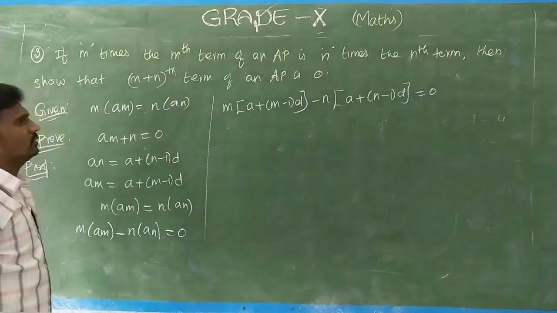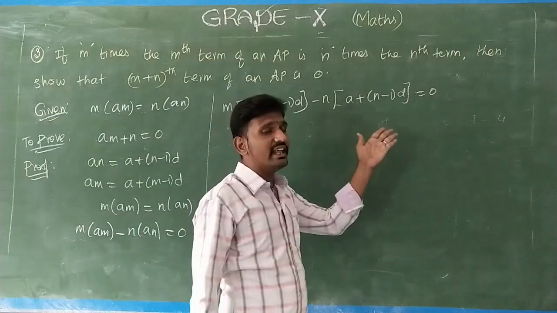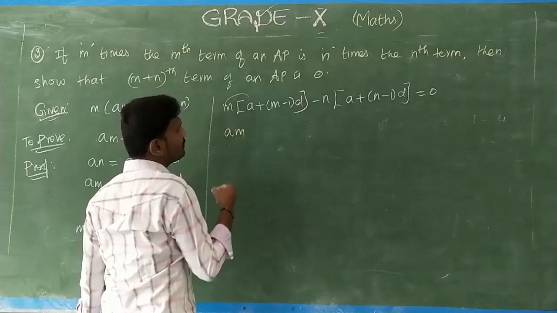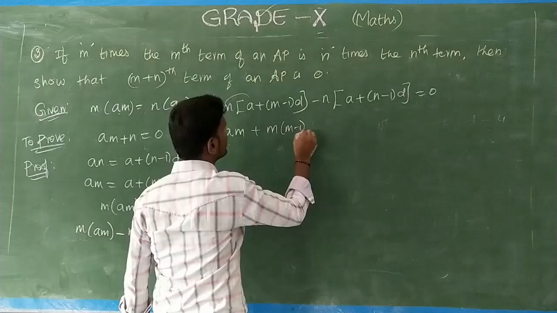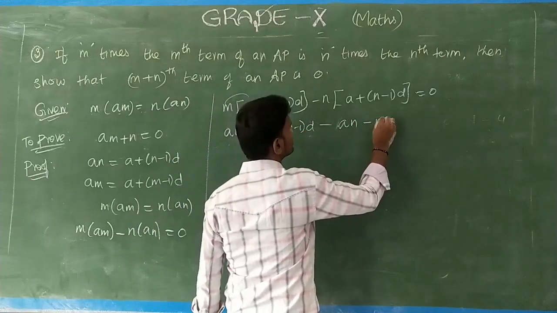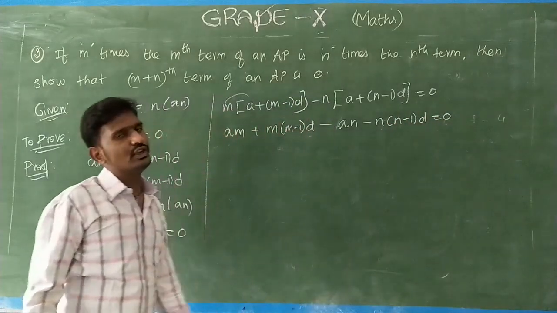Now multiply m inside the bracket and n also, so ma plus m into m minus 1 into d minus na minus n into n minus 1 into d is equal to 0.